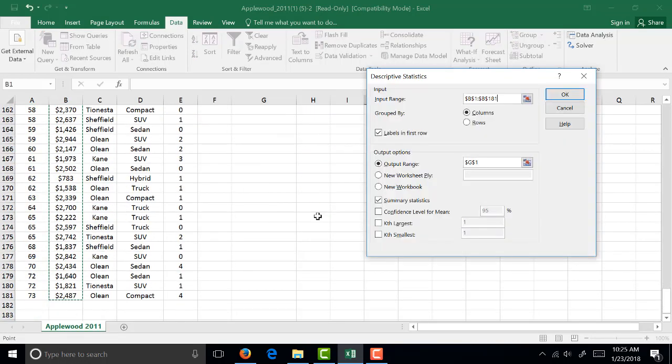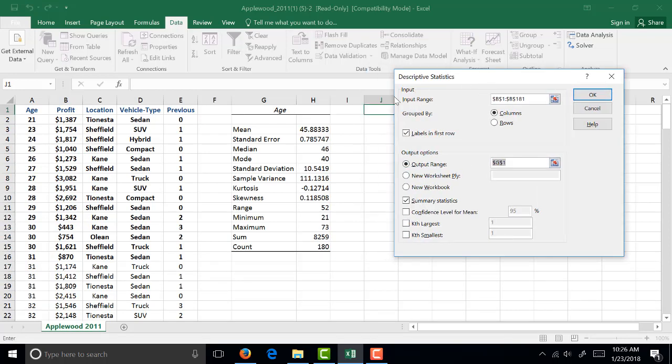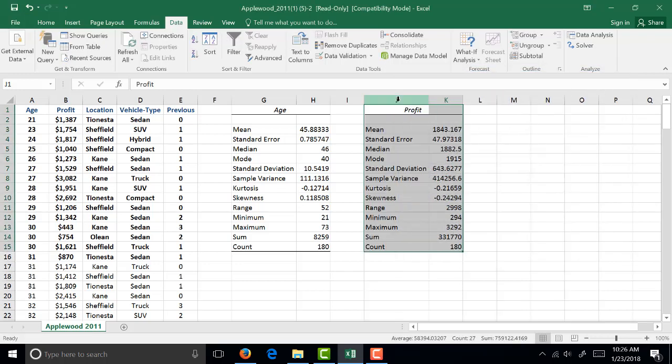So what I want to know is what actually has a wider variance or greater dispersion, I guess I should say. My output range, I want to change from G1 to J1, and I'm going to click OK. And now I have my profits. So I have my mean profit, my sample median, my sample mode, my sample standard deviation, my sample variance. Simple.